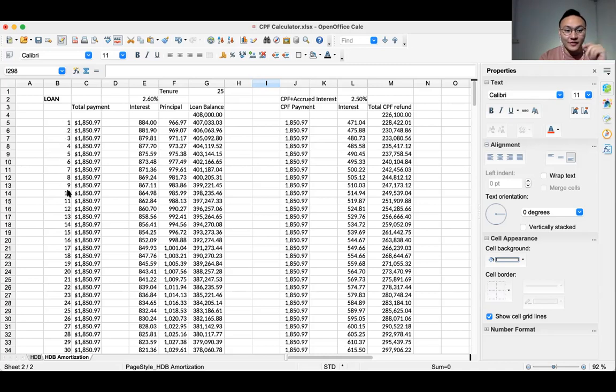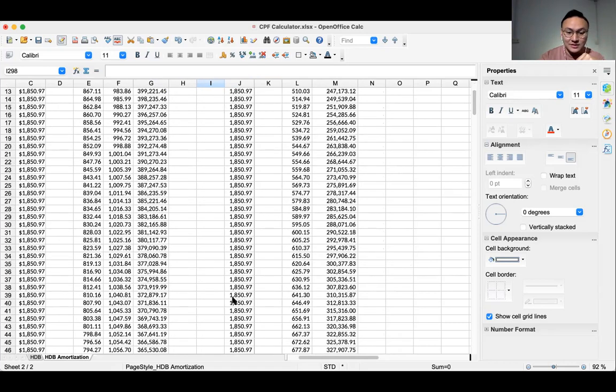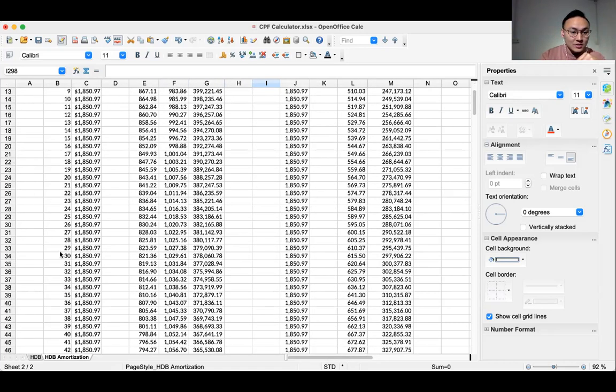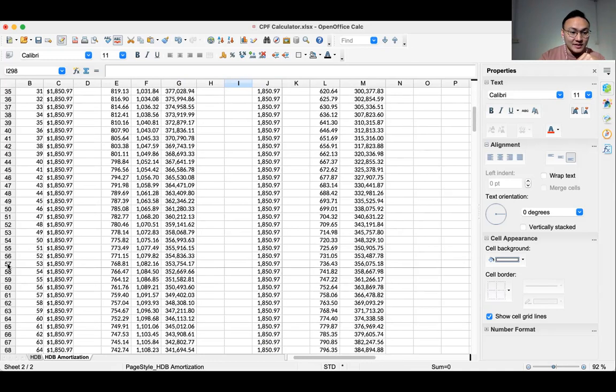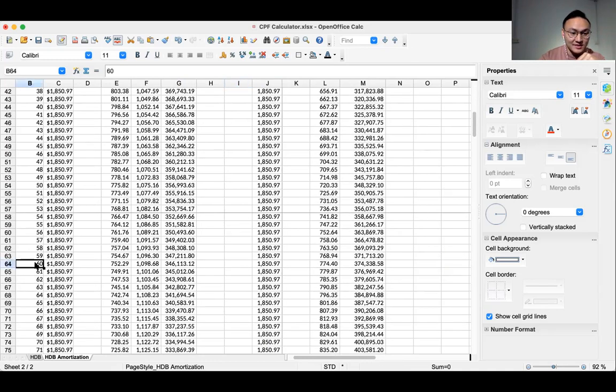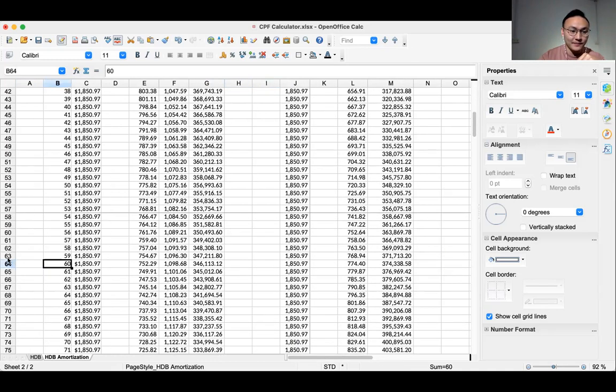If you want to go to 5 years, 12 times 5 is 60, so you just look for 60 here. We will have an outstanding loan of 346K, and we will need to refund back to our CPF ordinary account 374K when we sell our property.